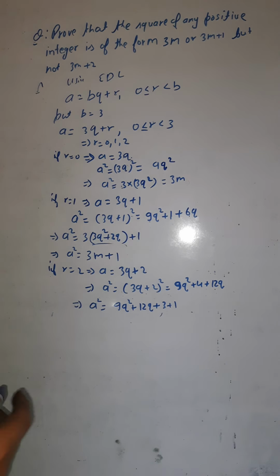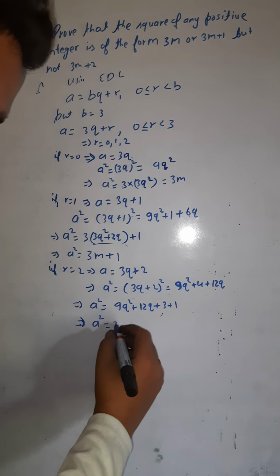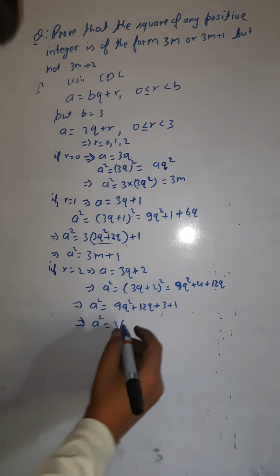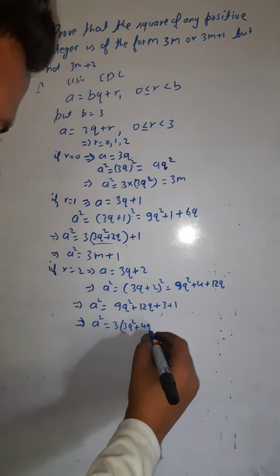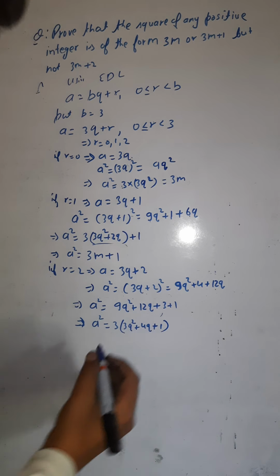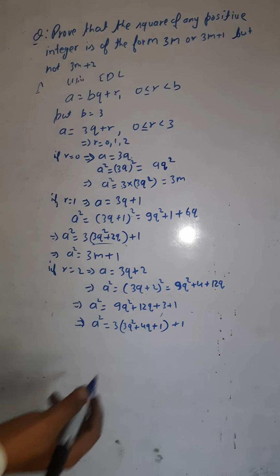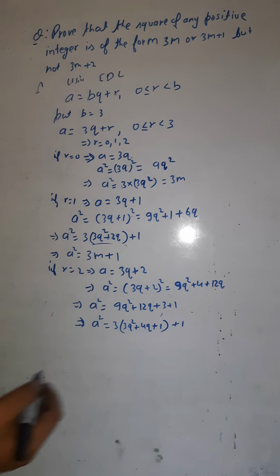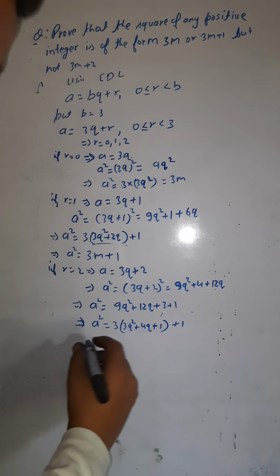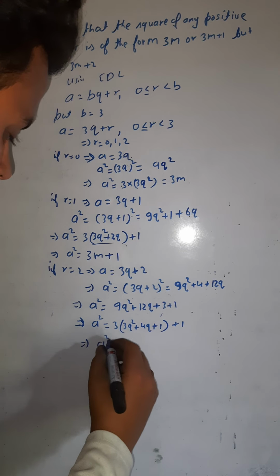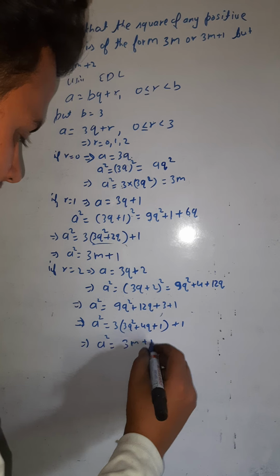So a square would be equals to, if I am taking 3 common, what would be left here? 9 divided by 3 is 3q square, 12q divided by 3 is 4q, here 1, 3 divided by 3 is 1, and this 1 would remain outside. Let's say this complete thing is some other integer, let's say it is m. So again it is of the form 3m plus 1.